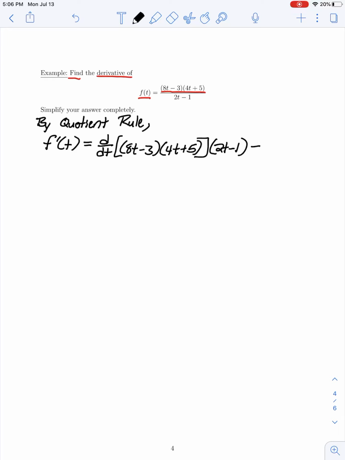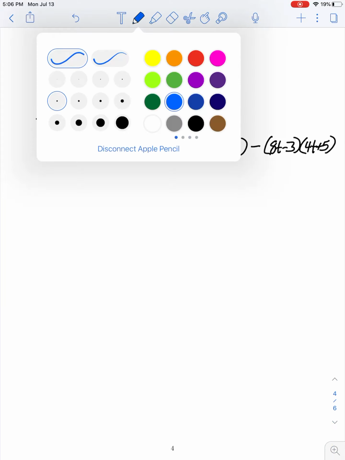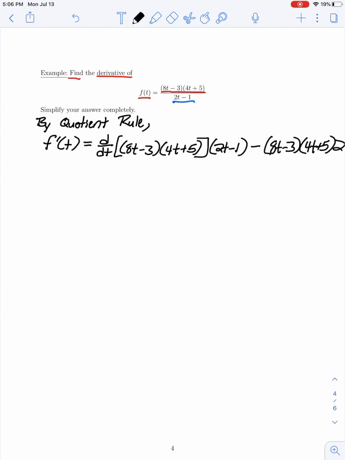And then we subtract the numerator, which was 8t minus 3, times 4t plus 5, and we multiply by the derivative of the denominator. So here the derivative of the linear function in the denominator is just the slope of that line, in this case 2.